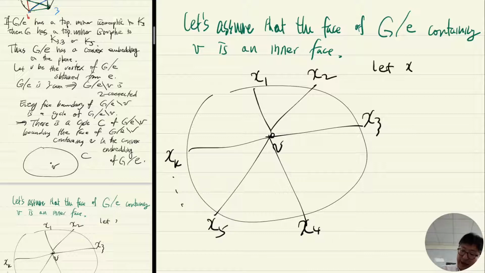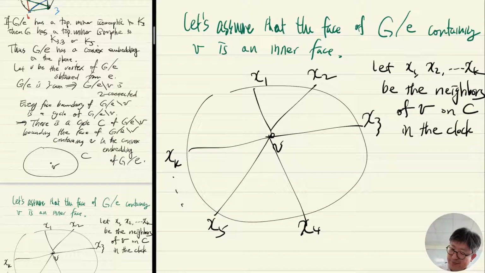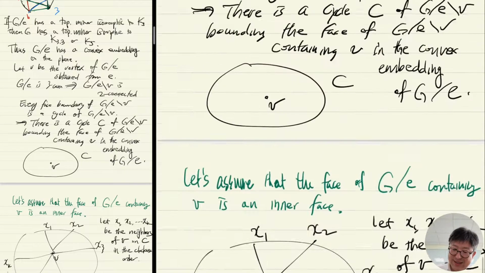Let x1, x2, ..., xk be the neighbors of V on C in clockwise order. Oh, did I cheat a little bit? Where did I cheat?